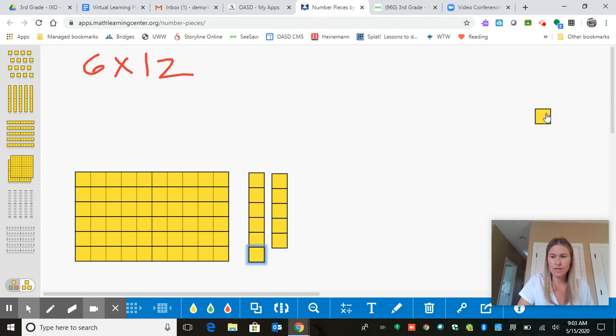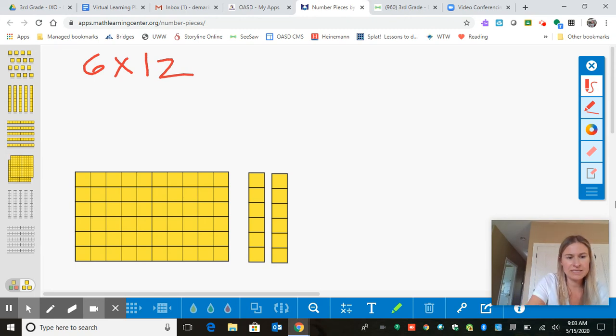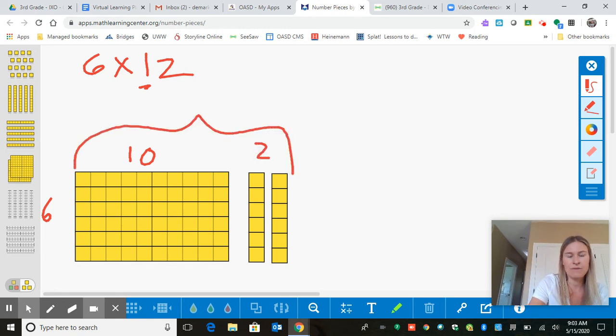Wonderful. Okay, so just so that we can see this again, we have 6 rows of 10. I broke up that 12 to get the 10. But I still need those 2 extra eggs that each one laid, this. So right here is how I got my 12.